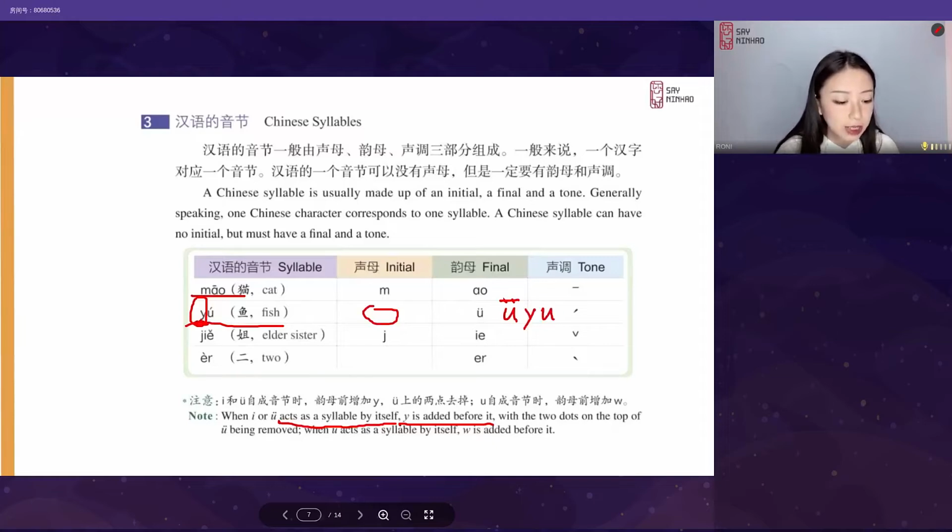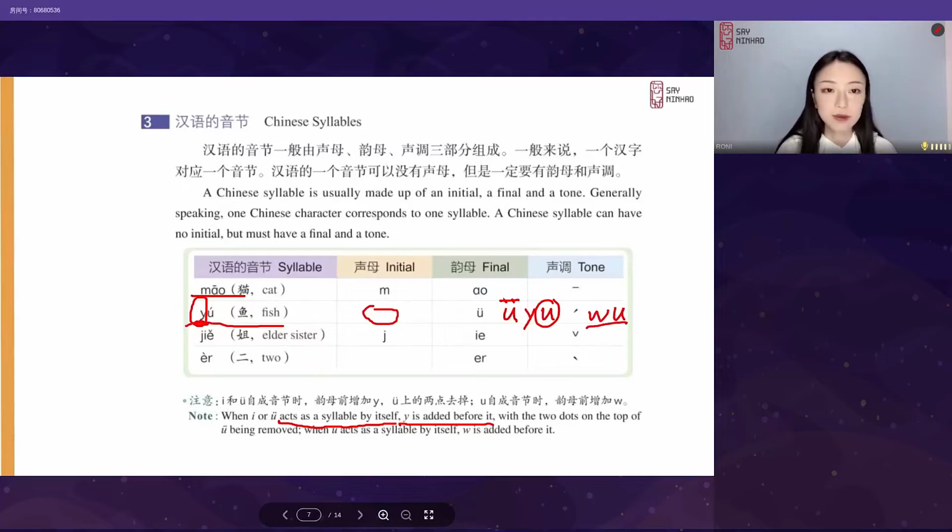And it looks just like u, right? So what should we do when the final is u? When u itself acts as a syllable, then we should put this initial w before it, okay?